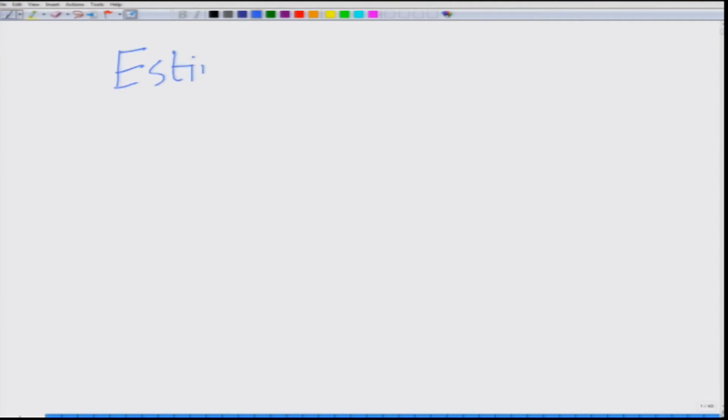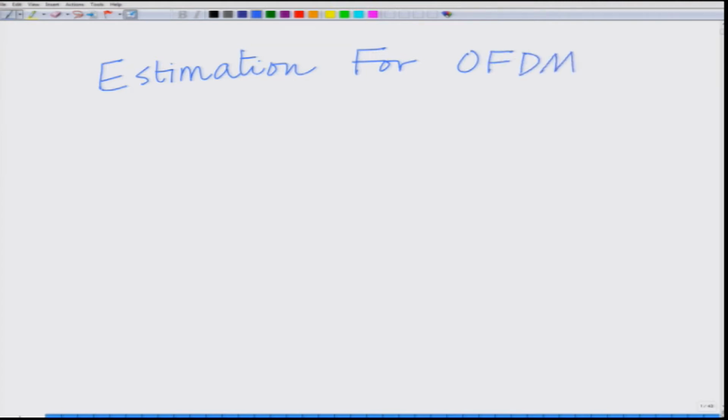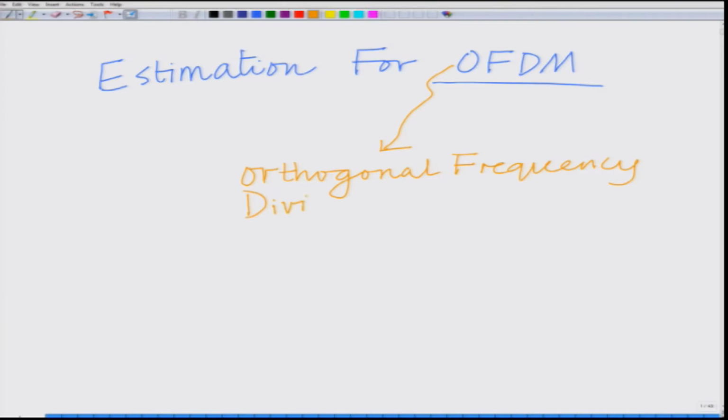That is our aim starting this module, estimation for OFDM, where OFDM stands for orthogonal frequency division multiplexing.